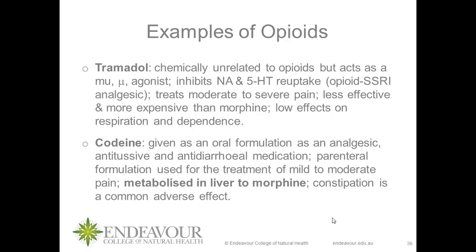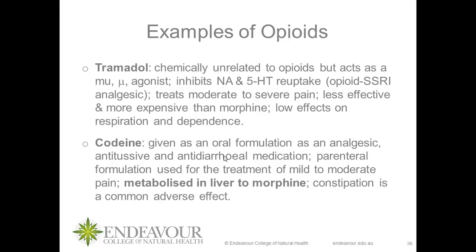Codeine is given as an oral formulation for analgesia, but it also stops the cough reflex, so it is antitussive. In addition, because of the effects of opioids in the gastrointestinal tract, it's actually used as an antidiarrheal, deliberately to slow down the gastrointestinal motility and to increase the smooth muscle tone in the gastrointestinal tract. The parenteral formulation of codeine might be used for mild to moderate pain.